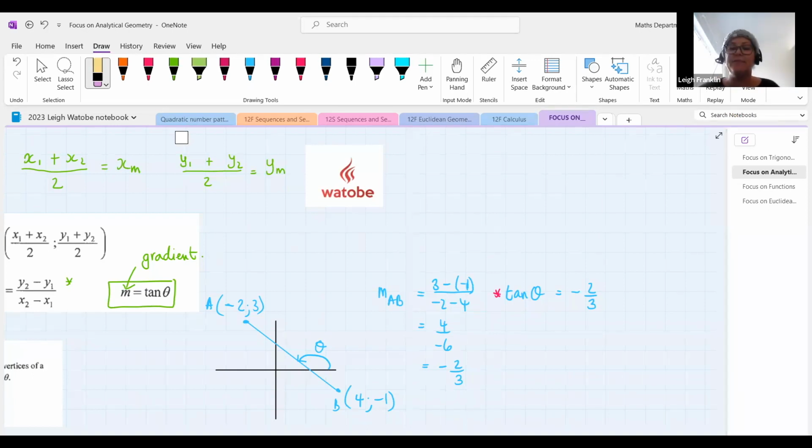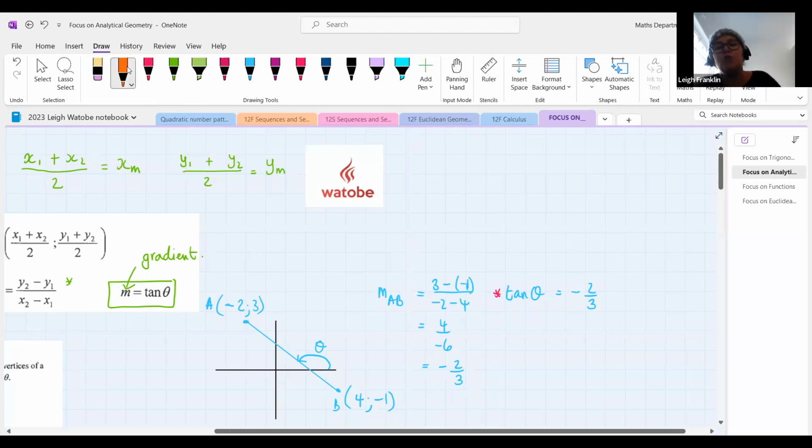And can you see it gives us a negative angle? The same answer, but a negative angle. Can you see that? Are you getting negative 33,69 on your calculator if you're putting in -2/3? Okay. So it's okay to do that, it's not the way I teach it.